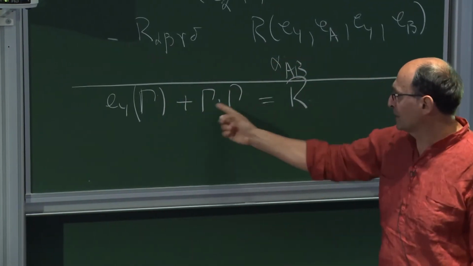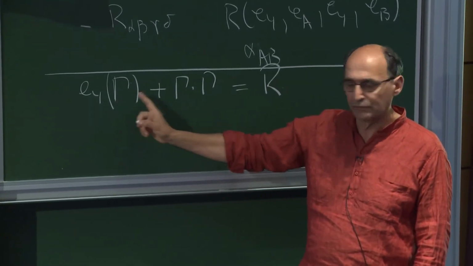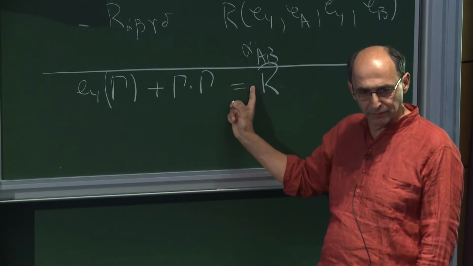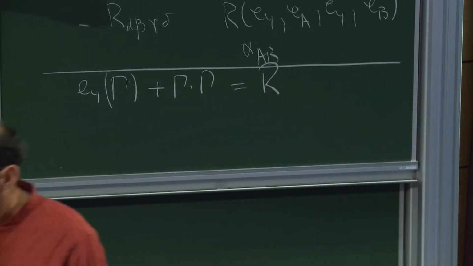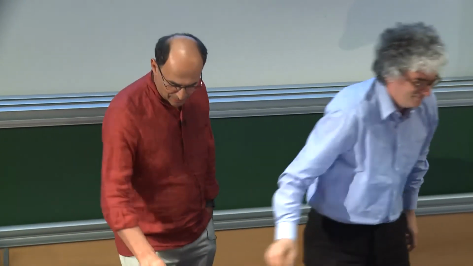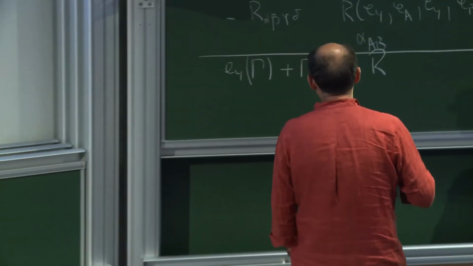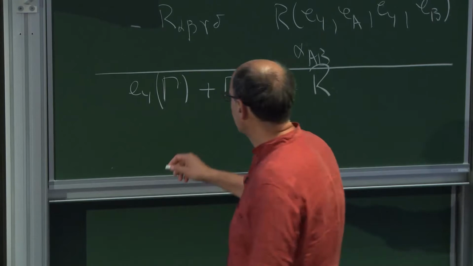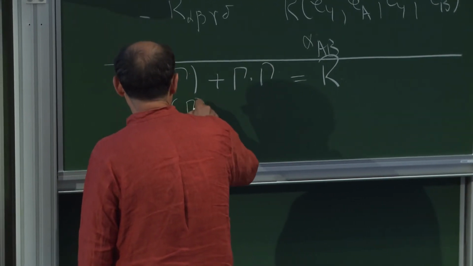Of course, I'm writing it in a symbolic manner. Here you should think about various components of gamma and various components of curvature. So you can fill a blackboard with many equations. And finally, there is another one relative to e_3, so there is something similar.